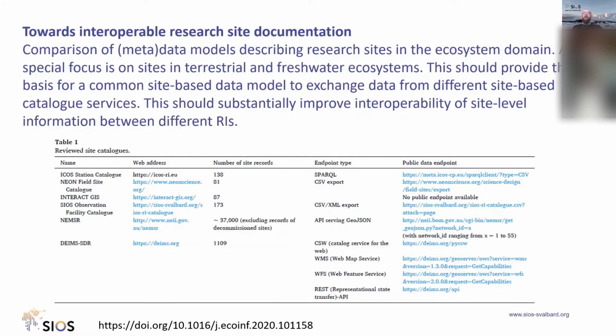An example of such a license is the Creative Commons license, as it allows users to copy and redistribute the material in any medium or format and to remix, transform, and build upon the material as long as appropriate credit is given. So this is something that we need to remember if you would like to create an interoperable system of catalogs.